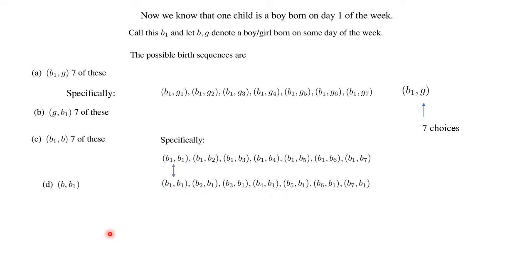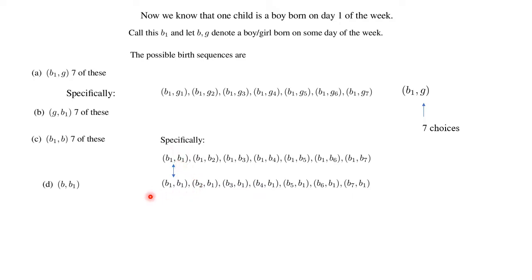But note, these are the same. So in this one here, the boy being referred to as a boy born on a Sunday was the firstborn, and the second-born was also a boy and also born on a Sunday.